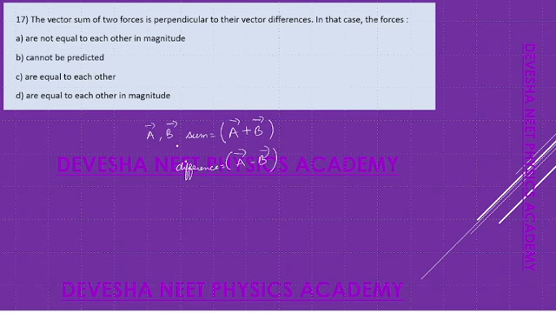In that case, what will be the relation between A and B? We need to find out.